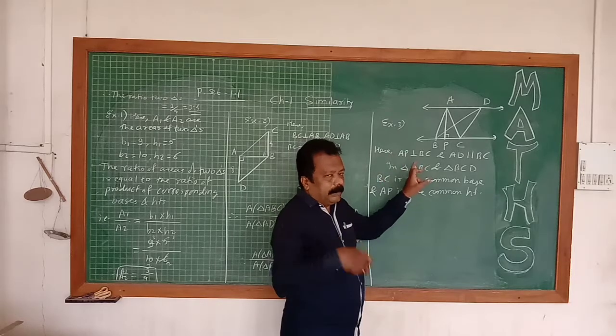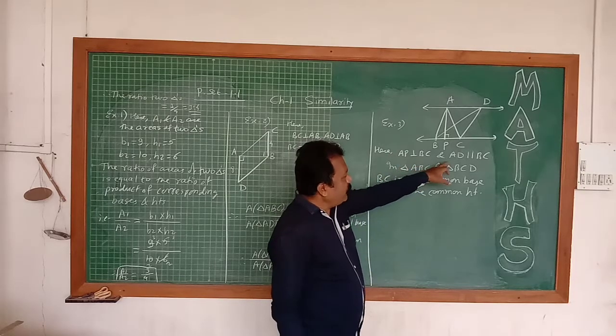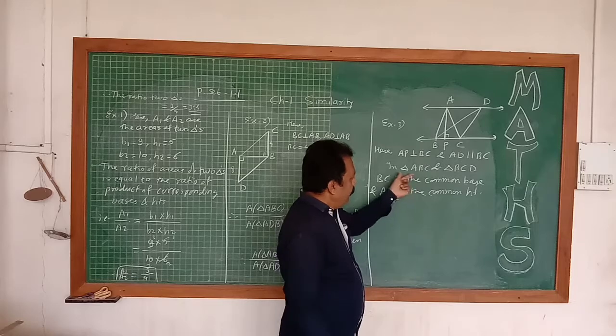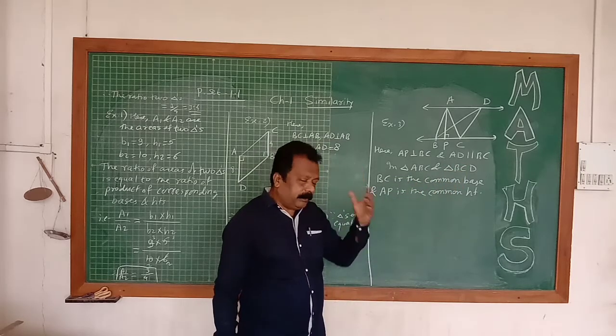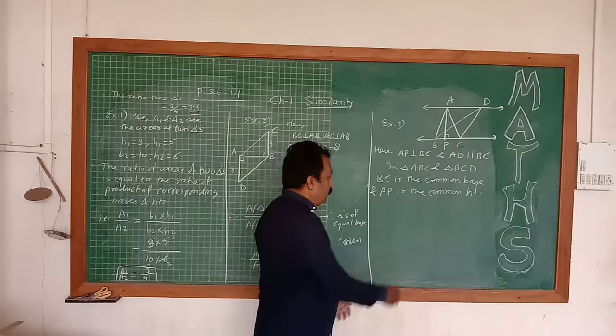Once again, repeating: AP perpendicular to BC, AD parallel to BC. In triangle ABC and triangle BCD, BC is the common base and AP is the common height. Therefore, we are using property number 4.